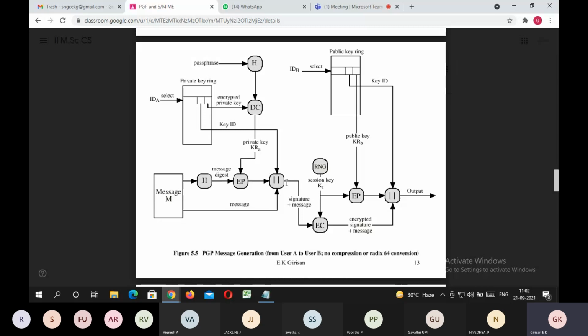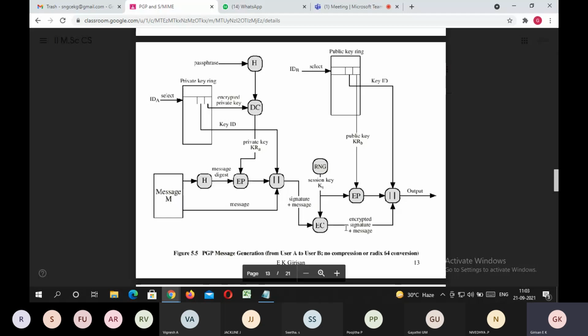The signature plus the message is once again encrypted, using the session key. Then again, the session key is encrypted using the public key of user B. EP denotes the usage of the public key of user B. So the session key, that is KS, is encrypted, and these two are combined.